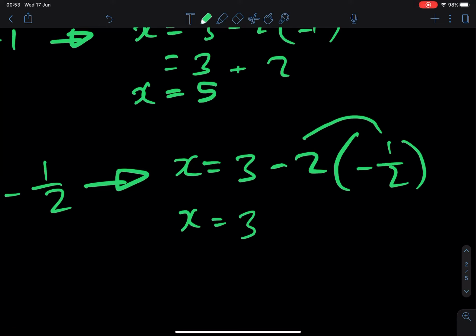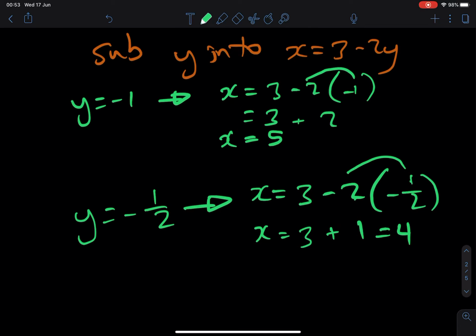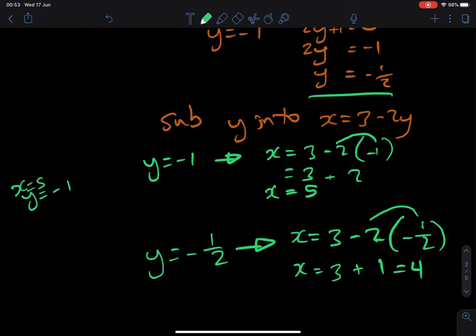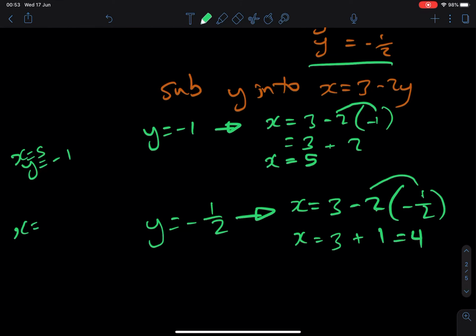So what I do is 2 times 1 is 2, so you multiply the numerators, and it's positive 2, and the denominator stays the same, so it's out of 2. So plus 2 over 2, which as we all know is 1. So x is equal to 3 plus 1, which is equal to 4. So therefore, when x is equal to 4, y is equal to minus a half.